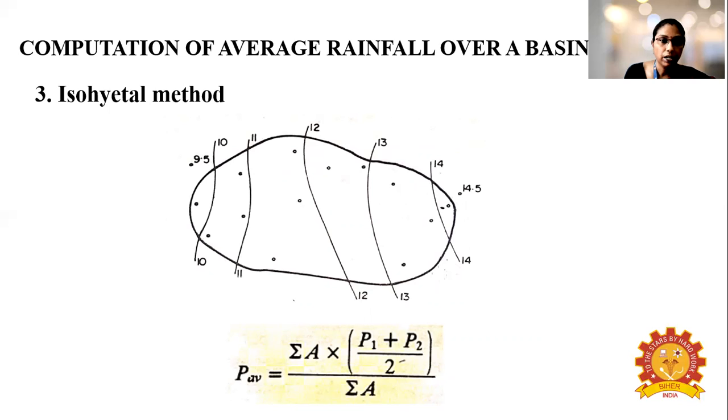The contour line joins all the places where you have the same rainfall amount of 10. Then similarly 11 is another contour line. Then 12. Then 13 is another contour line. Then similarly 14. And you can calculate the area.